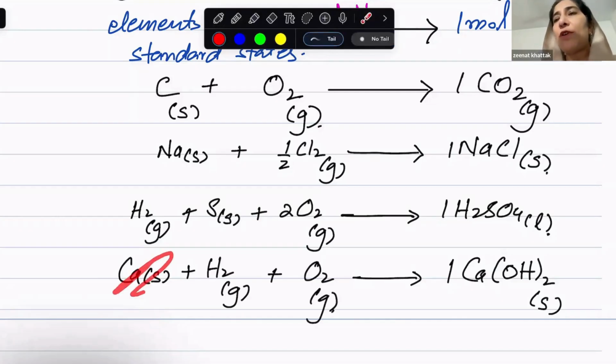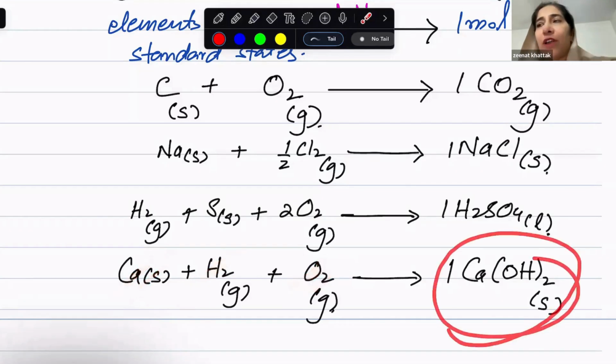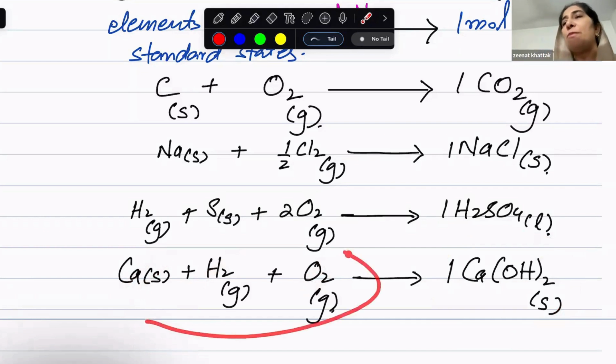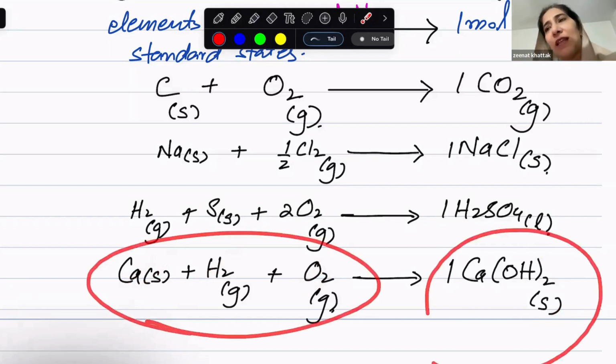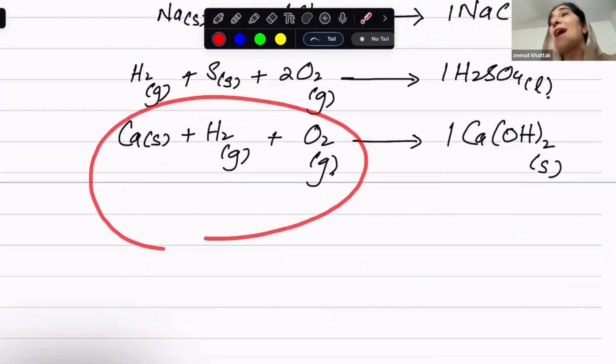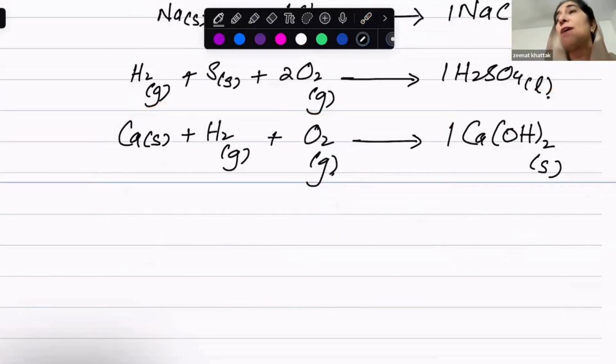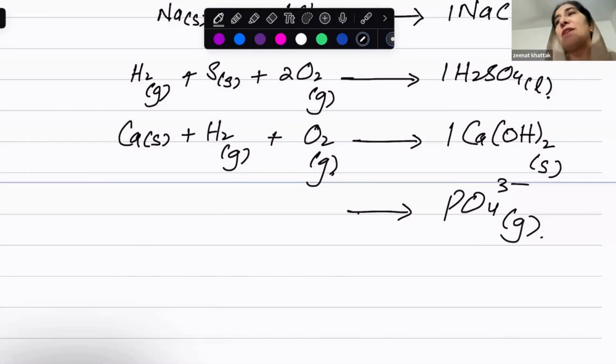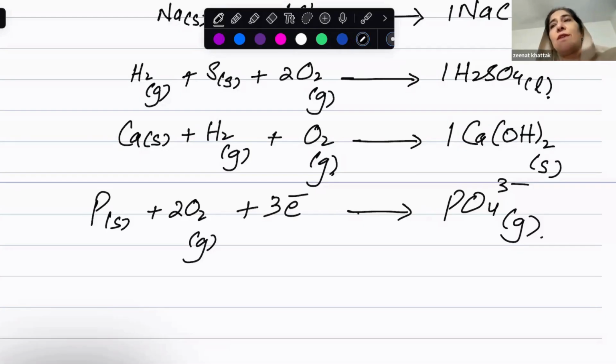You are breaking the bonds, and new bonds are formed, right? Whatever the enthalpy change during bond breaking and making is called enthalpy change of formation, from the elements to the thing that is formed. Now, if you are making phosphate ion from its elements, phosphorus solid and oxygen gas, it's gaining how many electrons? 3. Perfect.